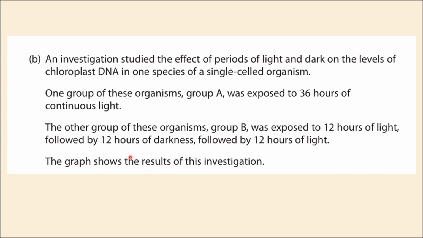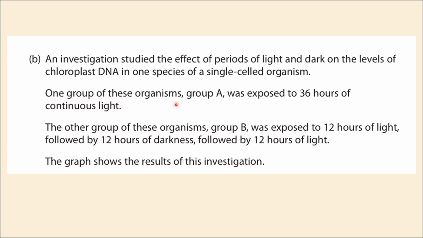In this question, you are provided with an investigation that explores how periods of light and darkness affect chloroplast DNA levels in one species of a single-cell organism. And you have to read the introduction very carefully to understand its setup. In this experiment, the organism was divided into two groups.